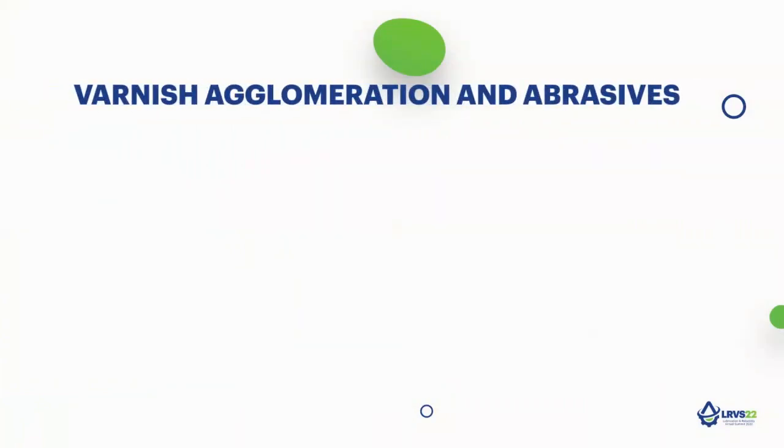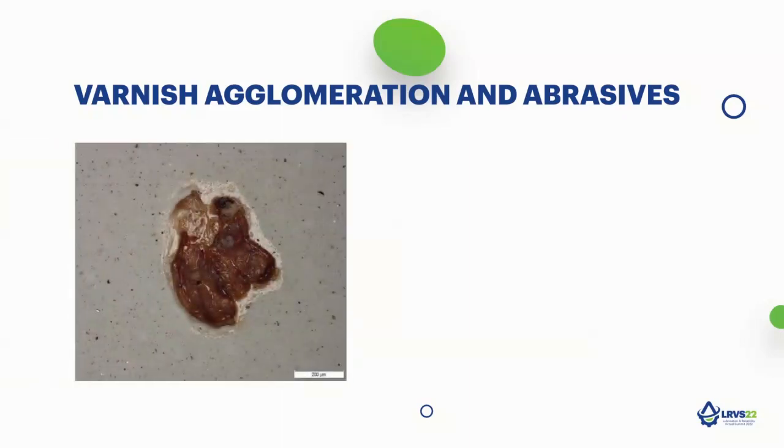I wanted to highlight some different varnish formations that have been detected through micropatch to show its benefits. On the right-hand side, we have a gummy-like varnish agglomeration, and if you pay closer attention, there is some debris around it. As you can see, it has absorbed some of that grainy, sand-like material, those contaminants, and as that circulates in the system, it's going to generate and contribute to wear.